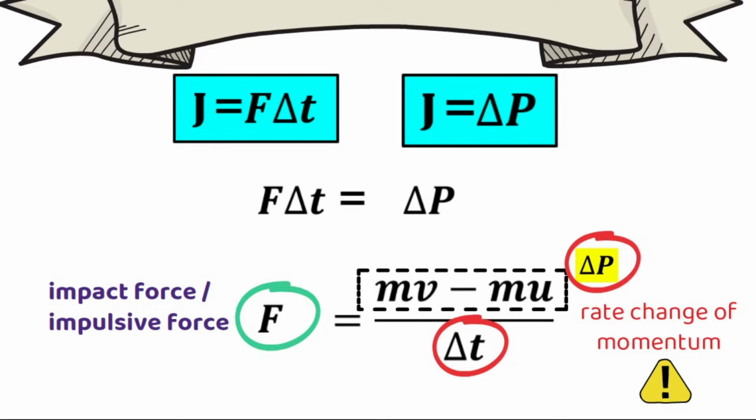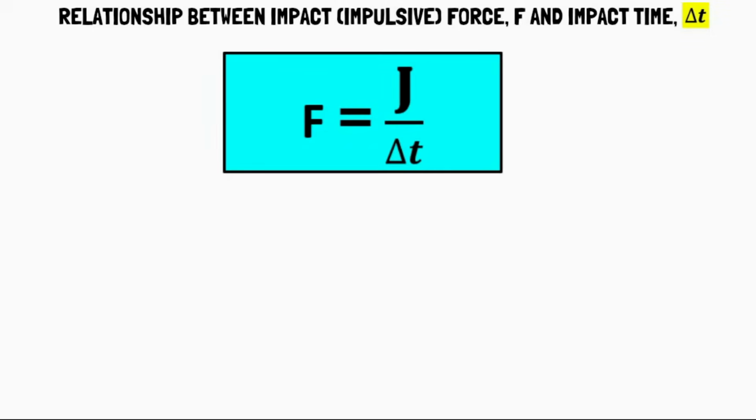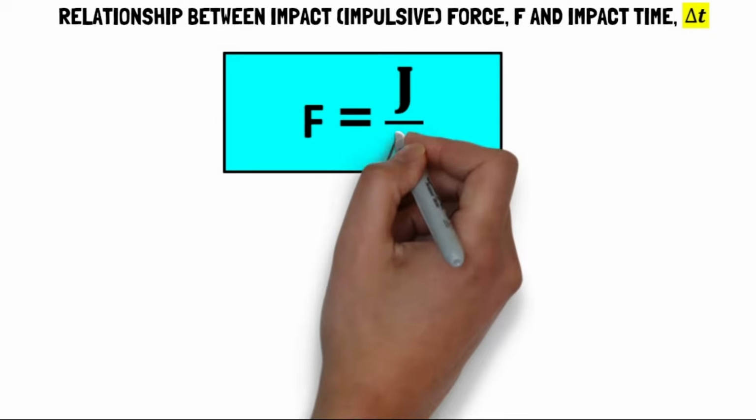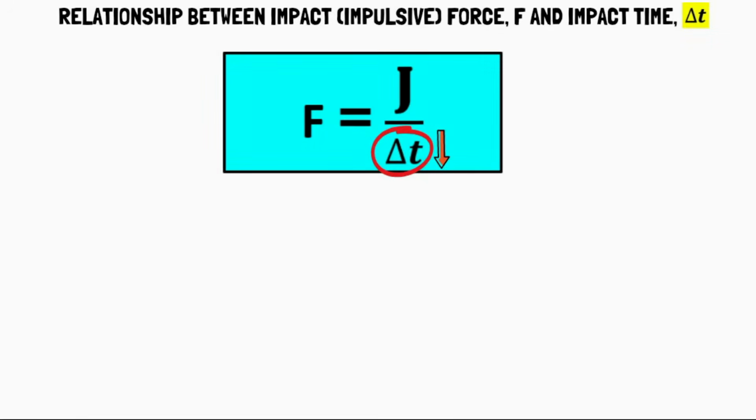Sekarang kita akan lihat the relationship between impact force ataupun impulsive force dengan delta T yang kita panggil sebagai impact time. Jadi berdasarkan equation impulsive force equal to impulse over delta T, we can conclude that apabila delta T is smaller ataupun the impact time-nya kecil atau singkat, what happen to the impulsive force?